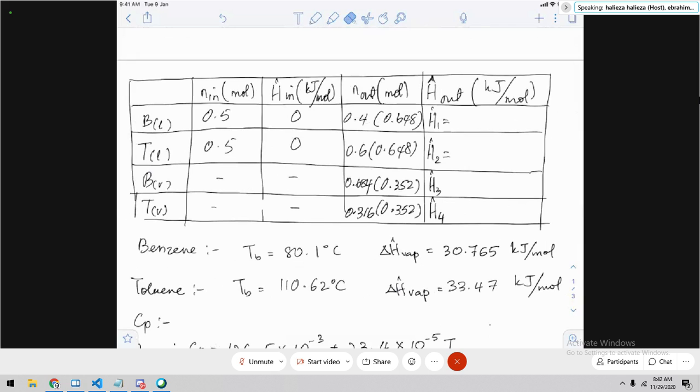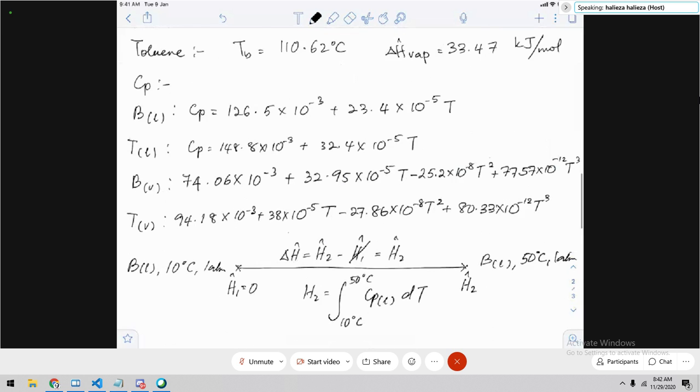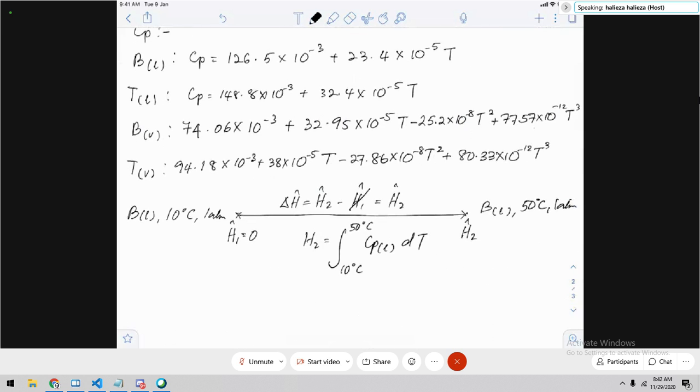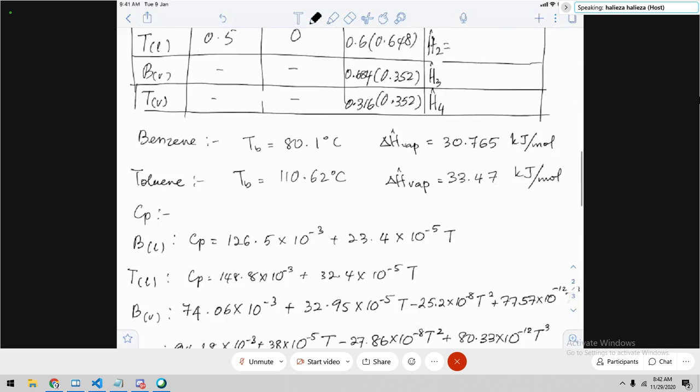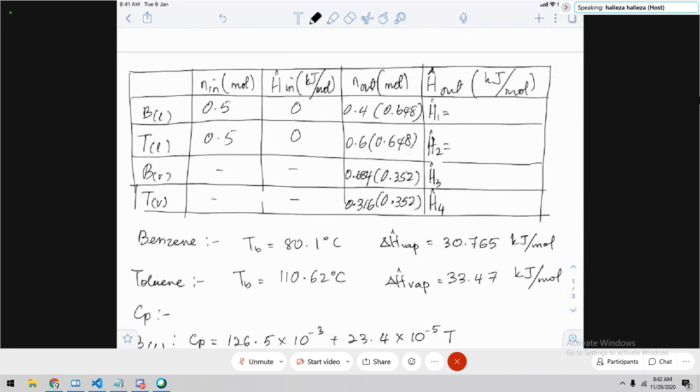I better not use H2, you might get confused. So let me undo that and give it a different value. This is initial. This is final. That will be final, which equals H1. If you look at the table, right now we are looking at H1 for benzene.